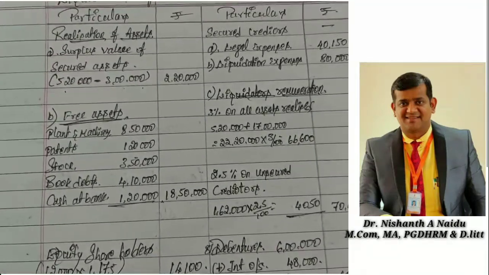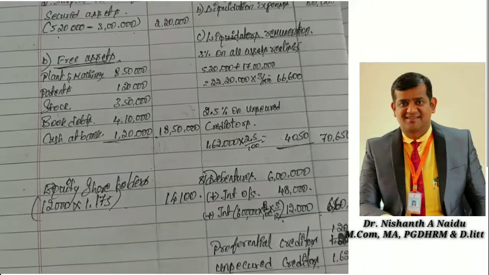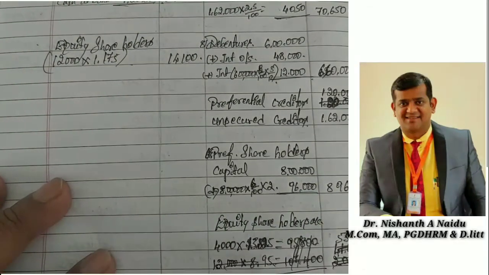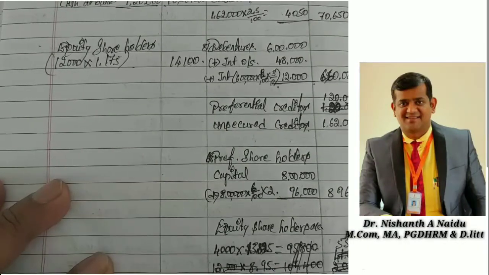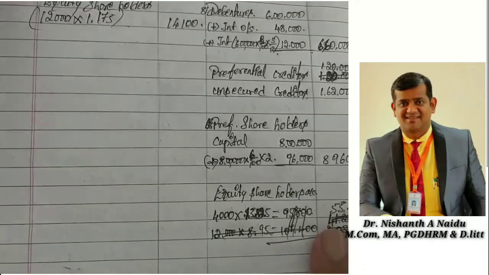So now let us total it: 2,20,000 plus 18,50,000 plus 14,100 comes to 20,84,100. So I am writing the total, 20,84,100.